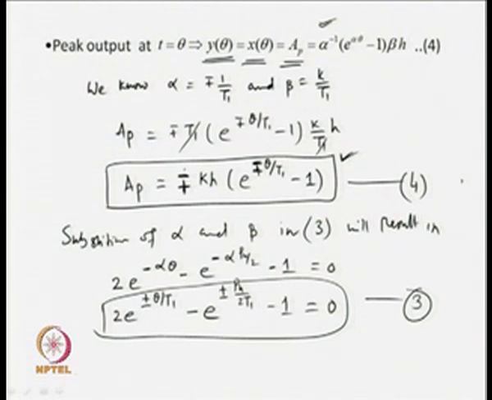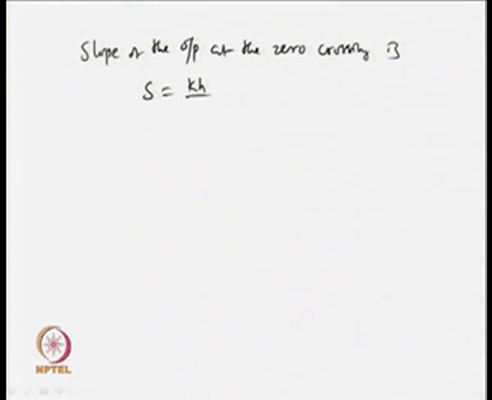But we know that the slope of the output signal, the slope of the output at the 0 crossing, is S is equal to Kh upon T1, which is given the same equation number 2. Thus, we have got 3 important equations. Let me write down those 3 important equations.